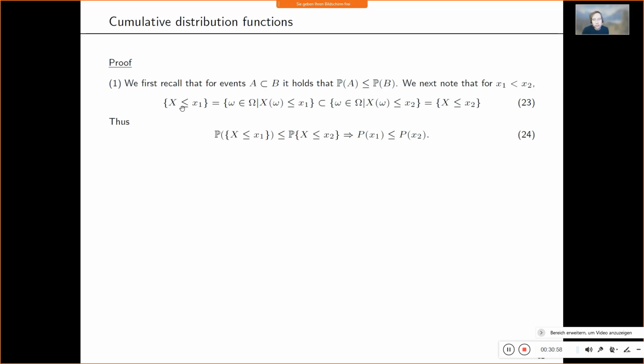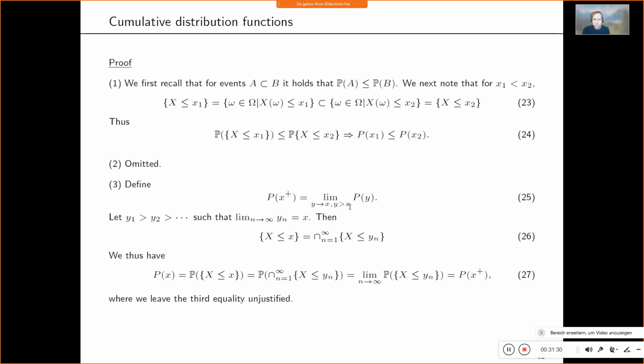And hence we have this subset nature here, and this is why it immediately follows that these probabilities, there are some brackets missing, are related by this inequality, and these probabilities just correspond to the CDF values. We omit the proof with the limits. I think that's also very intuitive.